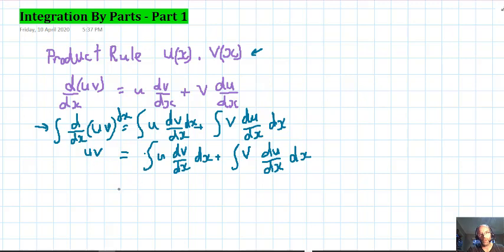And so if we rearrange that, so that we've got the first term on the right hand side, u dv dx dx, and make that the subject of that equation, we've got uv less the integral of v du dx dx.